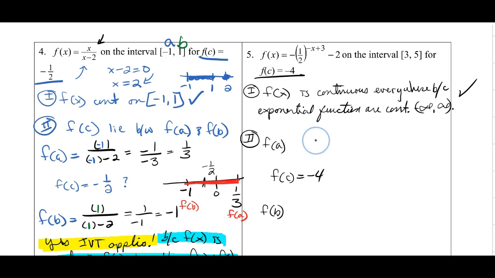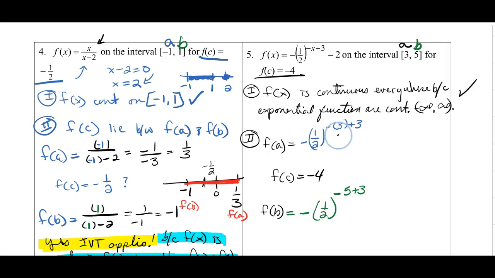Does this lie between? So let's find our function for A, that's negative 1/2 to the negative 3 plus 3. And for f of B, negative 1/2 to the negative, here's my B, 5 plus 3.